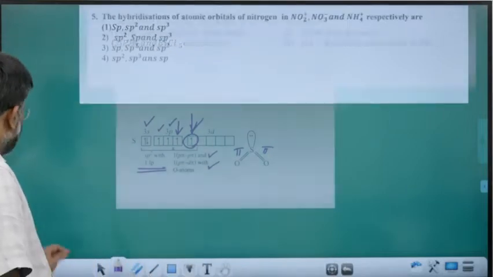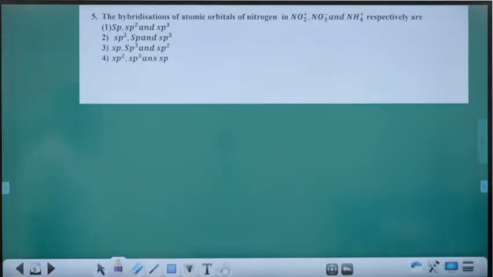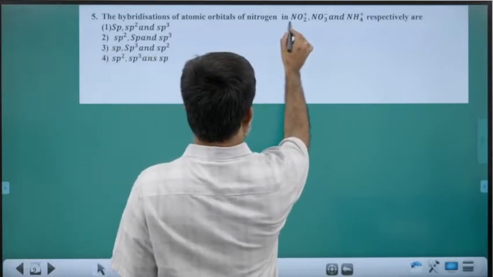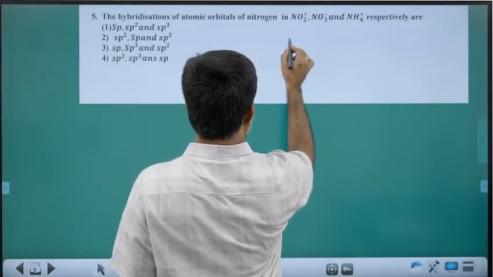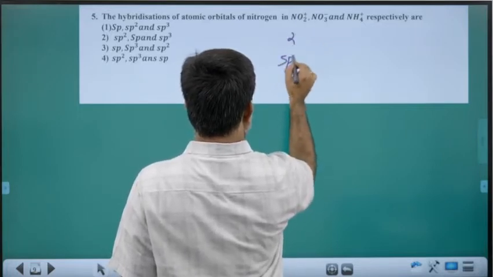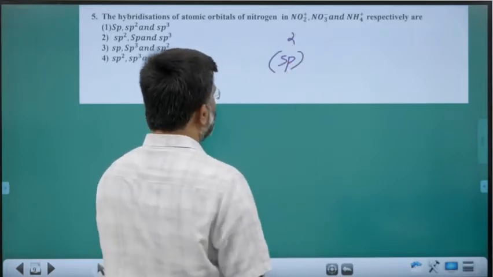Next, NO2 plus, NO3 minus, NH4 plus. NO2 plus: valence electrons 5 minus 1, 4 divided by 2, so it is 2 electron pairs, sp hybridization.